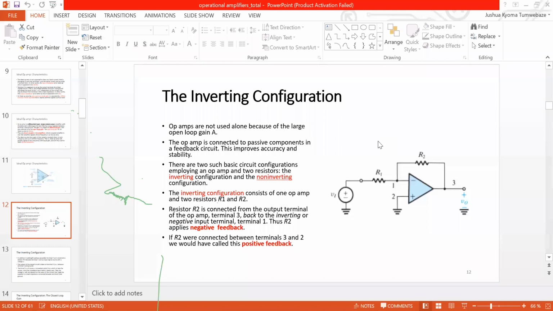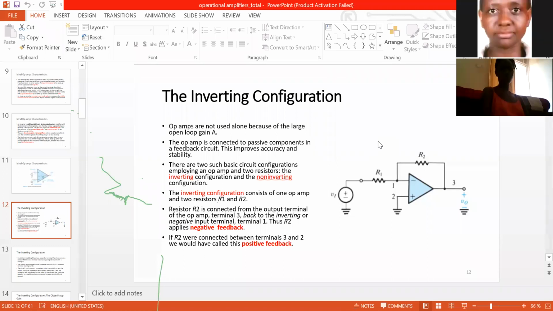So we note that there are two basic circuit configurations that employ an op amp and two resistors. One is the inverting configuration, and the other is the non-inverting configuration. So what we are looking at the moment is the inverting configuration.